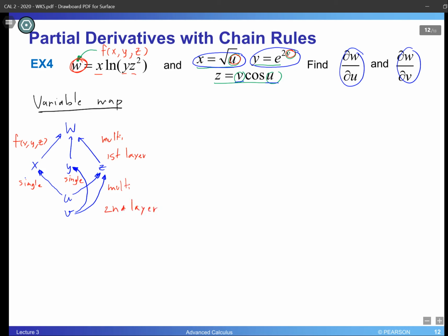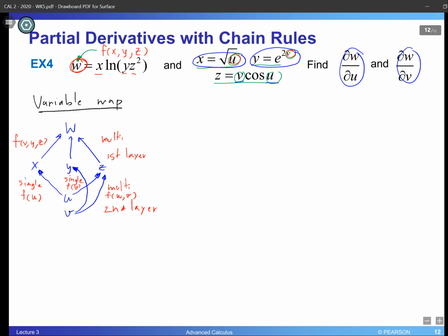So in this case, we have some varieties in the second layer. We have both single and multi, so keep that in mind. This one, f with 1 input of u. This one has 1 input of v, and this one has 2 inputs of u and v.